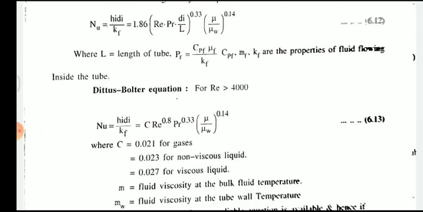And the similar Dittus-Boelter equation is for Reynolds number greater than 4000.